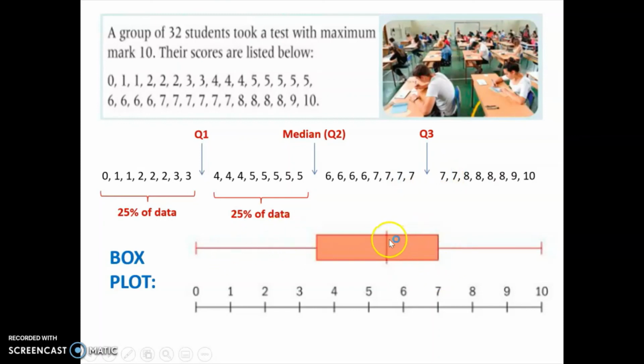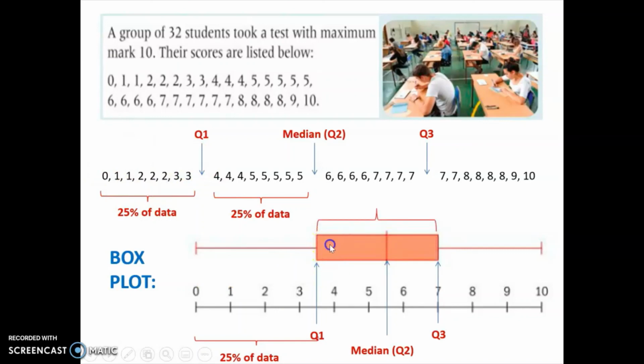And again, you can see the box plot does not look symmetrical, but this still represents quarters. This is our median value here, our Q1, our Q3, and we know that we have percentages of data. So between 0 and 3.5, we know that's 25% of our data set. That's 25% of our data lying between these values here. And on and on.